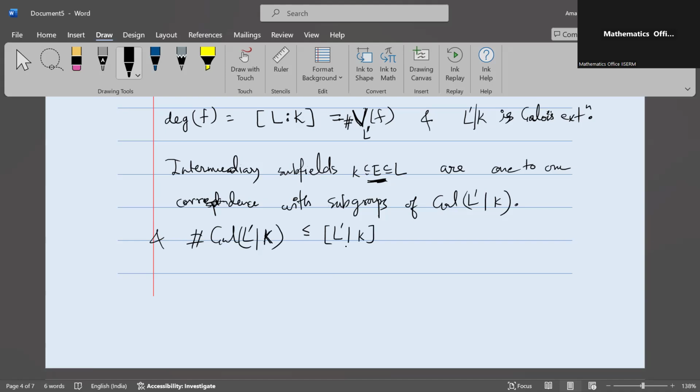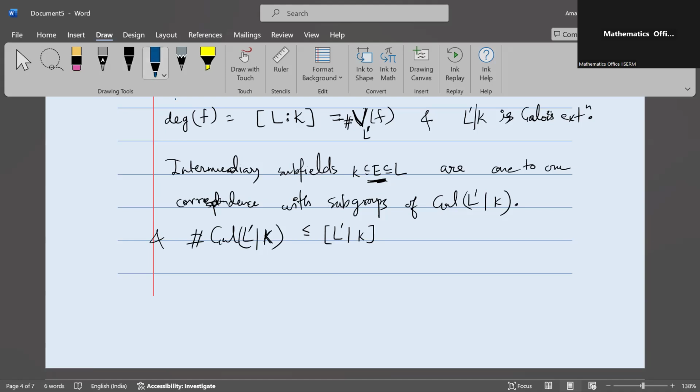What I want to say here is we'll consider only those subgroups.